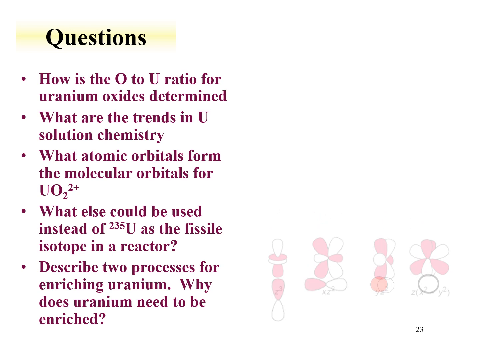What else can be used instead of U-235 as a fissile isotope in a reactor? Well, the other uranium isotope one could use would be uranium-233. And describe two processes for enriching uranium: a laser-based method, and two gas methods, centrifuge and diffusion.